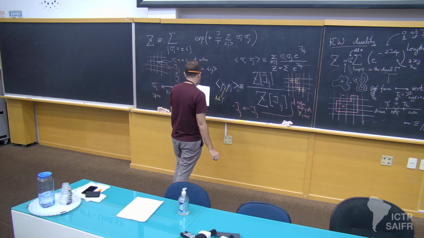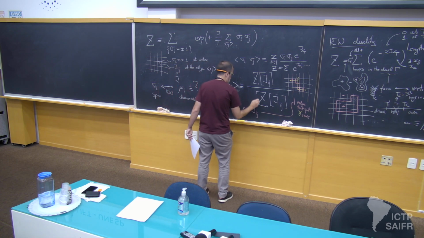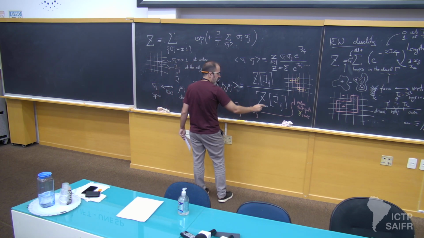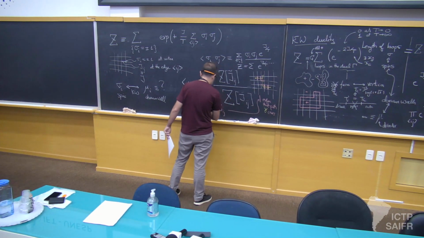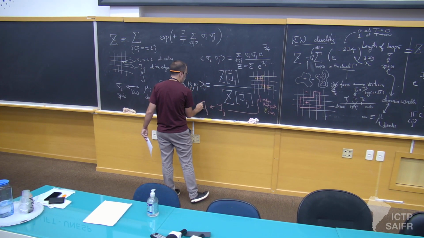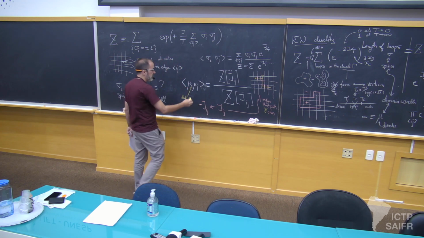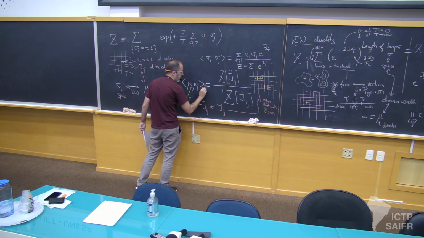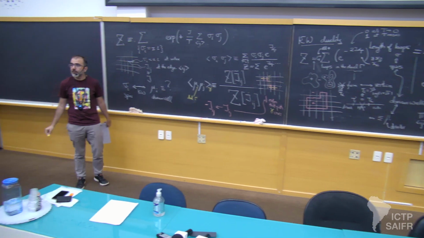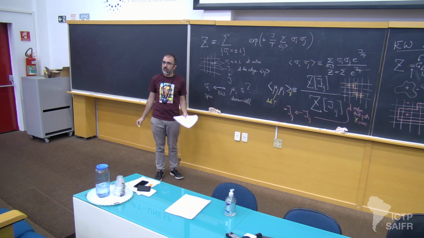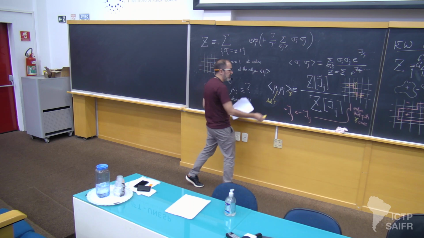In the edges that the path crosses, J goes to minus J. In the edges that it doesn't, it's untouched. And so this definition depends on a path gamma that connects the two. Given some path and some points i and j, this is the definition.